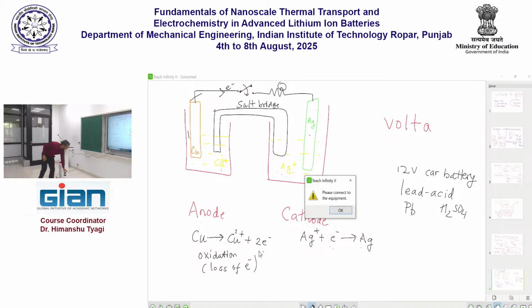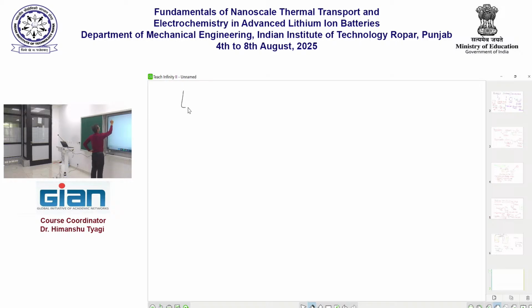And in a lithium ion battery, which will be the focus of a lot of our work, the reactions are somewhat more complicated. Let me just refer to my notes. I want to make sure I get this right. There is the anode side, and then there is the cathode side.